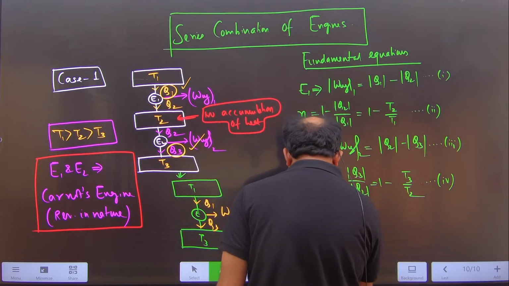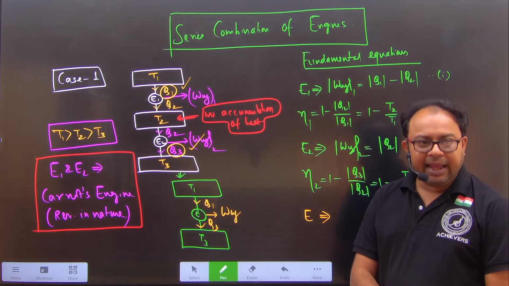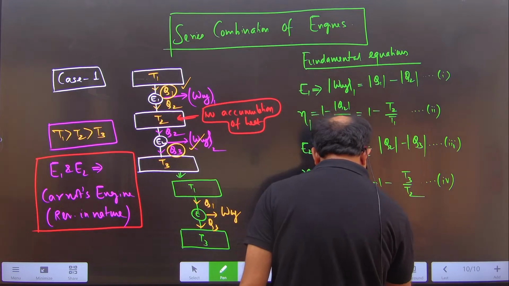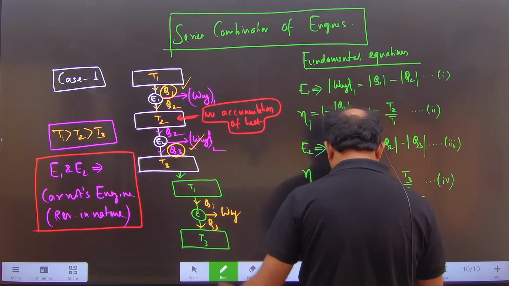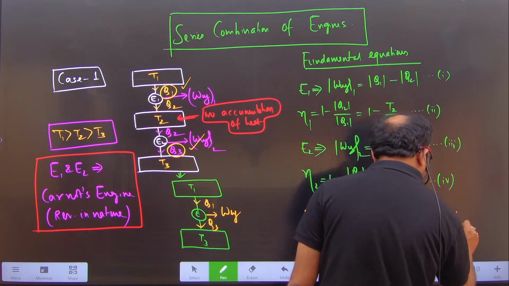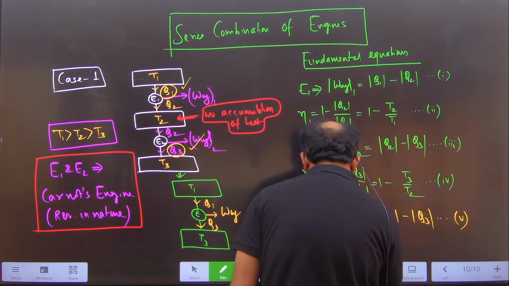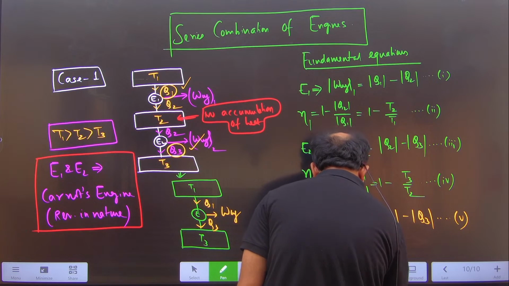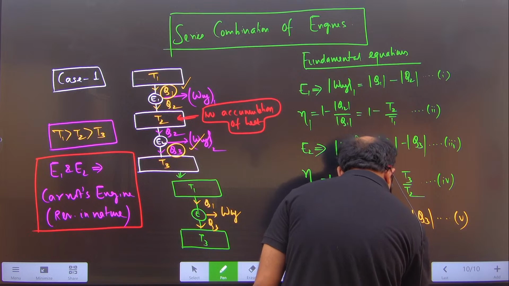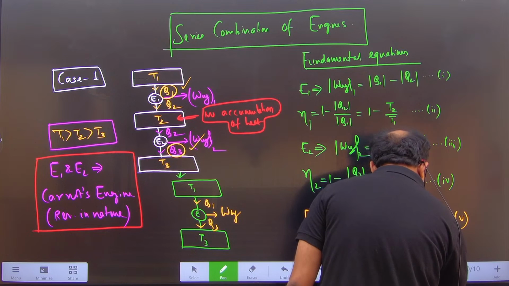So for E, you have got mod W cyclic equal to mod Q1 minus mod Q3. This is our equation number 5. And eta equal to 1 minus mod Q3 by mod Q1, equal to 1 minus T3 by T1.